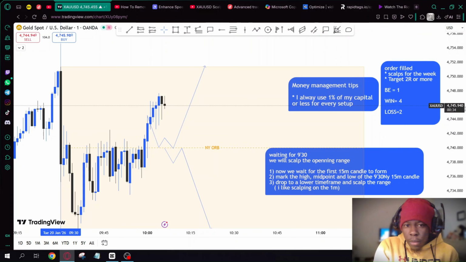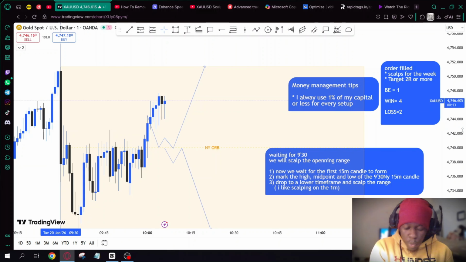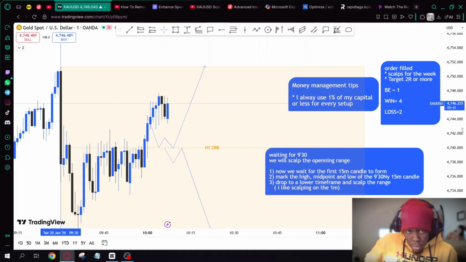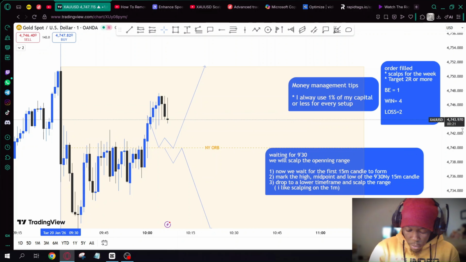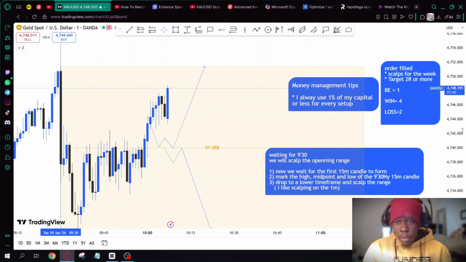Always remember to use a very good risk management strategy, because trading is all about being able to trade the next day. You're trading tomorrow, you have to ensure that you can trade after tomorrow, you can trade next week, you can trade next month.